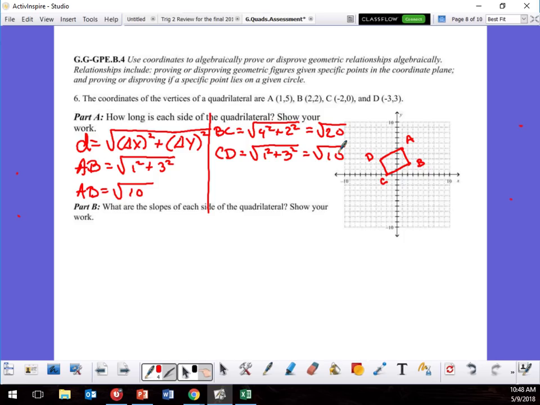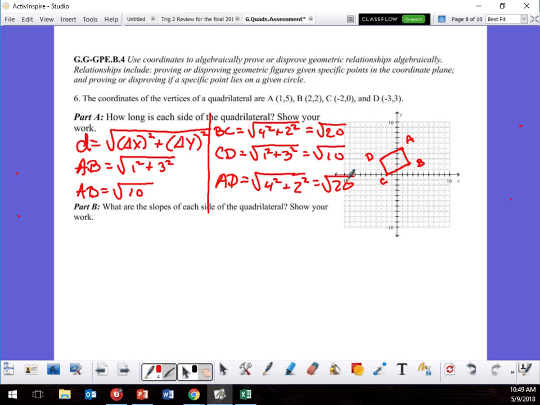And my last one is going to be AD. From A to D, how far is 1 away from -3? 4. That is 4. So 4 squared plus how far is 5 away from 3? 2 squared. So that gives me 16 and 4, 20. There we go.